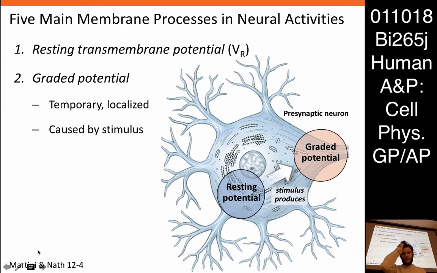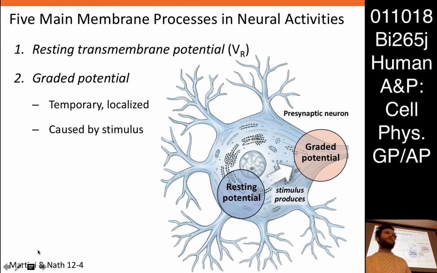Within a neuron, there are five different membrane processes that we can describe. The first is just the process of nothing happening. That is the resting transmembrane potential. By potential, I mean electrical potential.